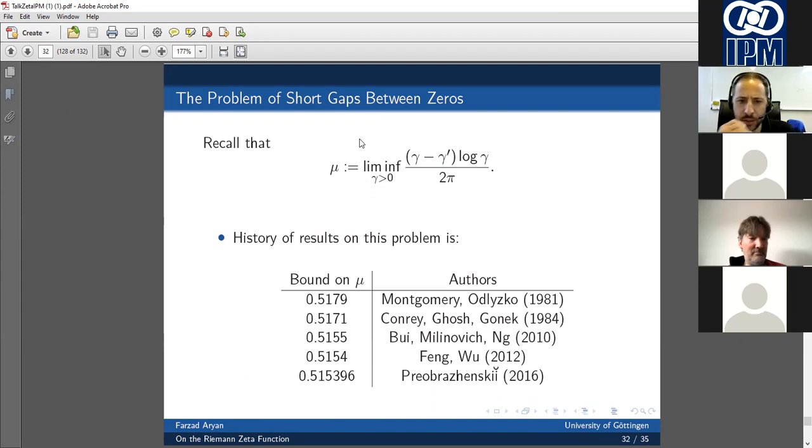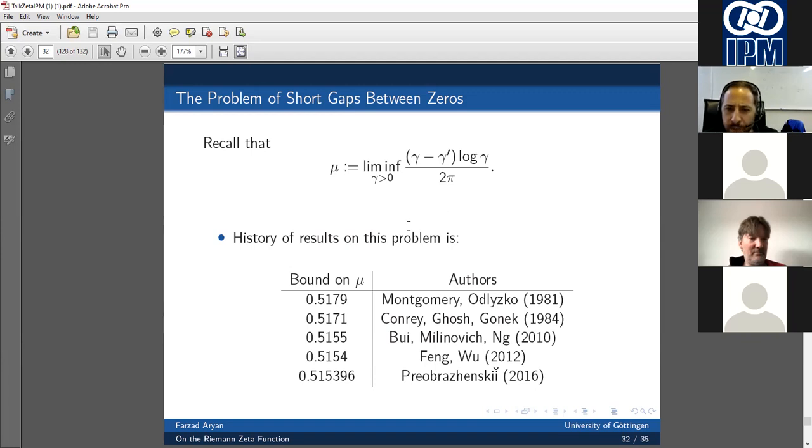Montgomery and Odlyzko, using a method different from the one he had for studying pair correlation, proved that gaps between consecutive zeros get smaller than 0.5179. Conrey, Ghosh, and Gonek slightly improved it to 0.5171. Then Bui, Milinovich, and Ng improved it to 0.5155. And Feng and Wu made a slight improvement. These are very small improvements.